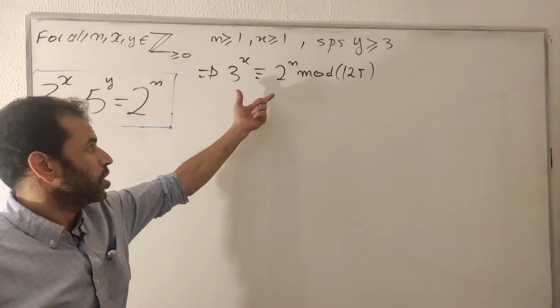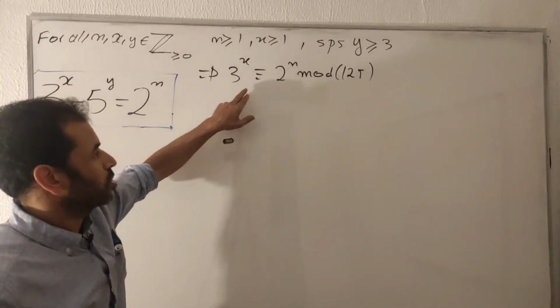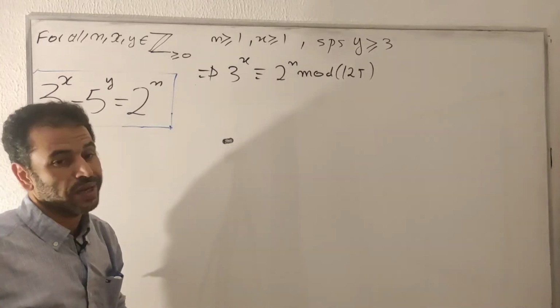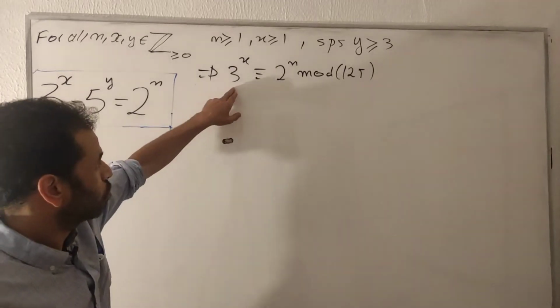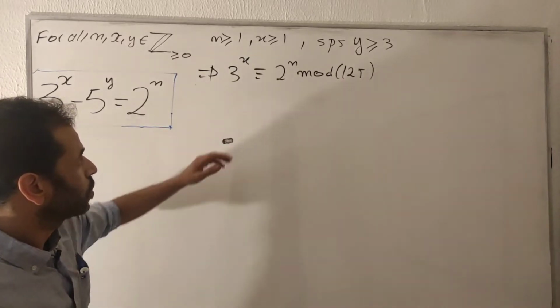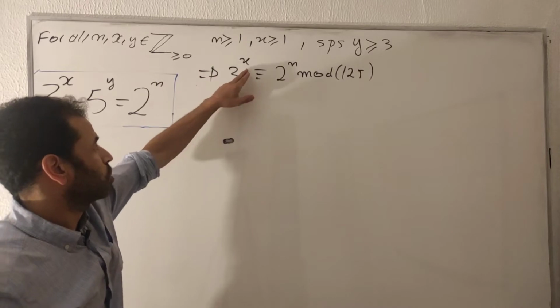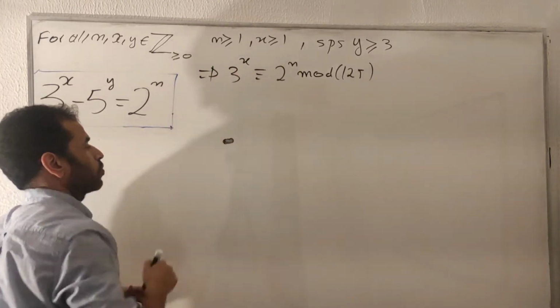So the only thing left is to make the comparison between the left and the right side of this equation. We are going to compare the remainders for this one and this one when we reduce to mod 125. So let's define a set for the powers of 3.